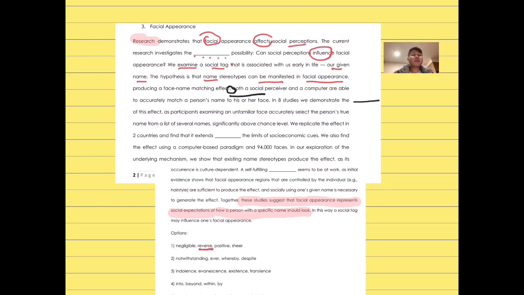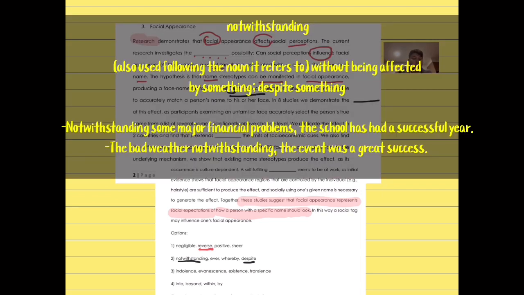We have notwithstanding. What does this mean? Notwithstanding and despite are very, very similar. It means without being affected by something, or despite something. For example, if I say, notwithstanding some major financial problems, the school has had a successful year.